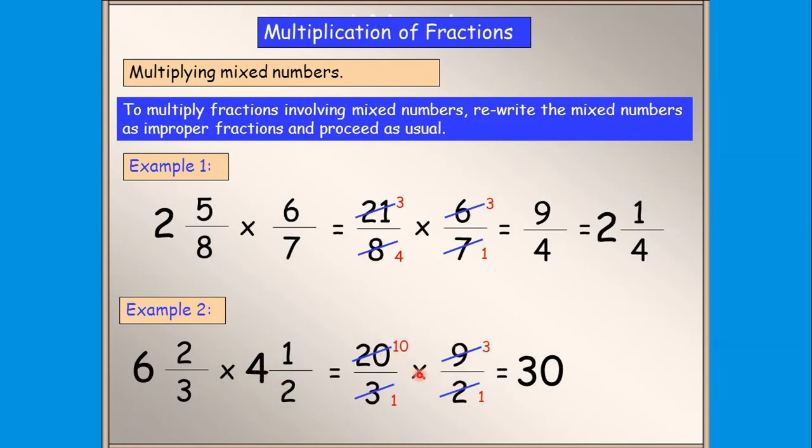Now cancellation, numerator to denominator, again here numerator to denominator. So 2 ones are 2, 2 tens are 20, 3 ones are 3, 3 threes are 9. Numerator to numerator, 10 into 3, it will come 30. Clear?